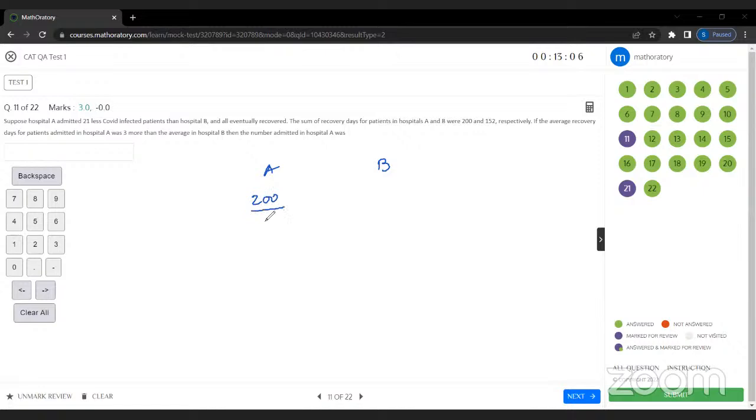So let's say that is n or something, this will be the average recovery days of A, right? And for B the sum of recovery days is 152. A admitted 21 less than B, तो इसका n plus 21 होगा.